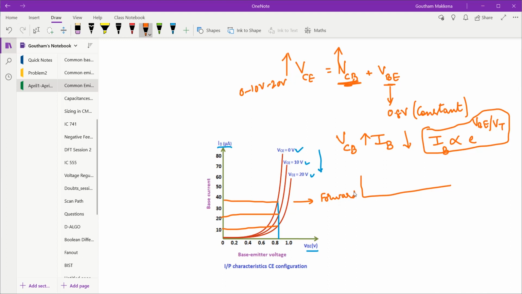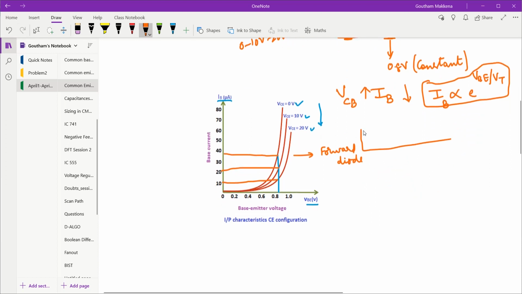These are nothing but forward diode characteristics, and that should make sense first of all. This is because IB is proportional to e power VB by VT, which is the characteristic of a diode in the forward region. Now let us try to understand why, when VCB is increasing, IB is decreasing.